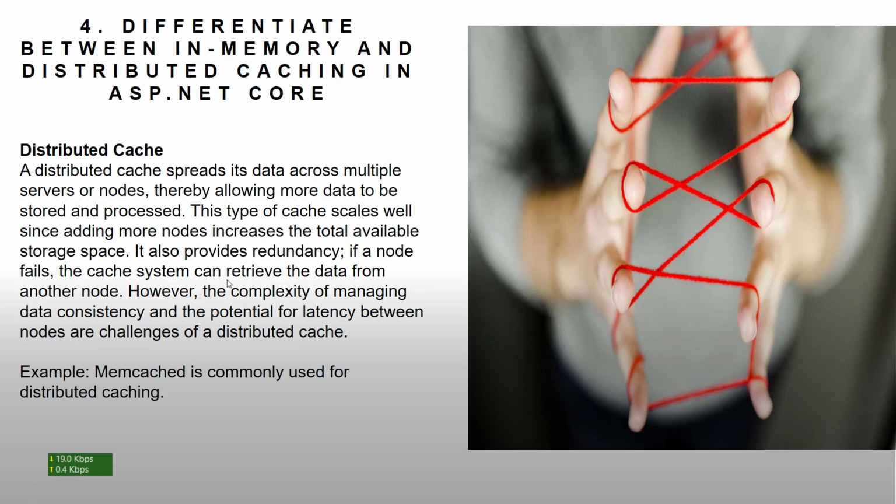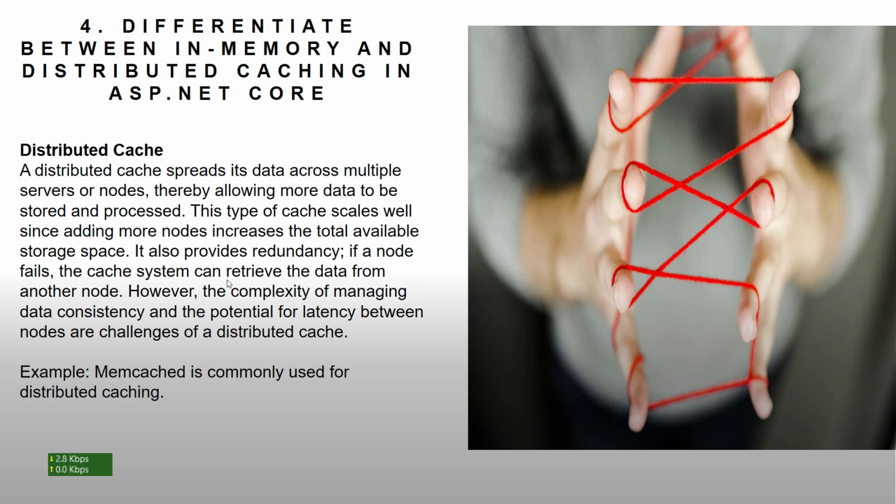Distributed caching, as I said in the other question, keeps data across multiple servers or nodes. Why are multiple servers or nodes used here? For example, two servers are synced together and the data is distributed and stored on both. Once one server goes down, the other server will get the result and show it.